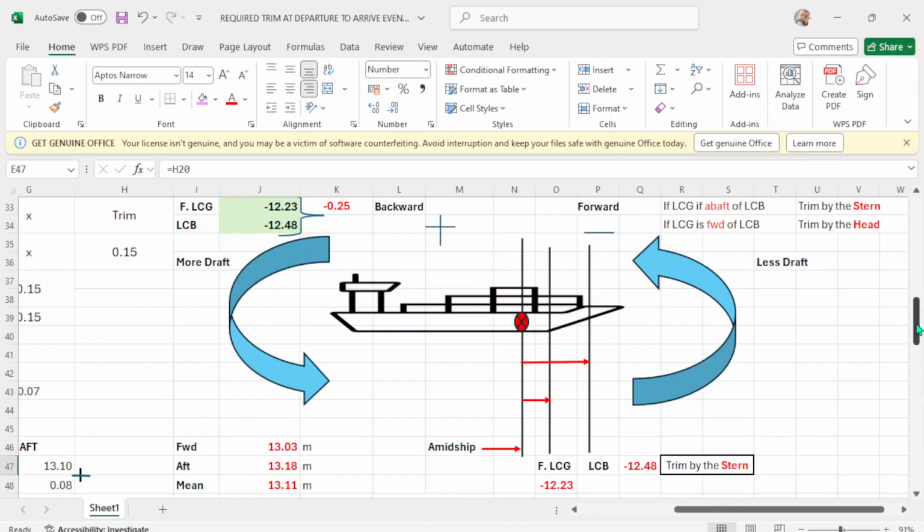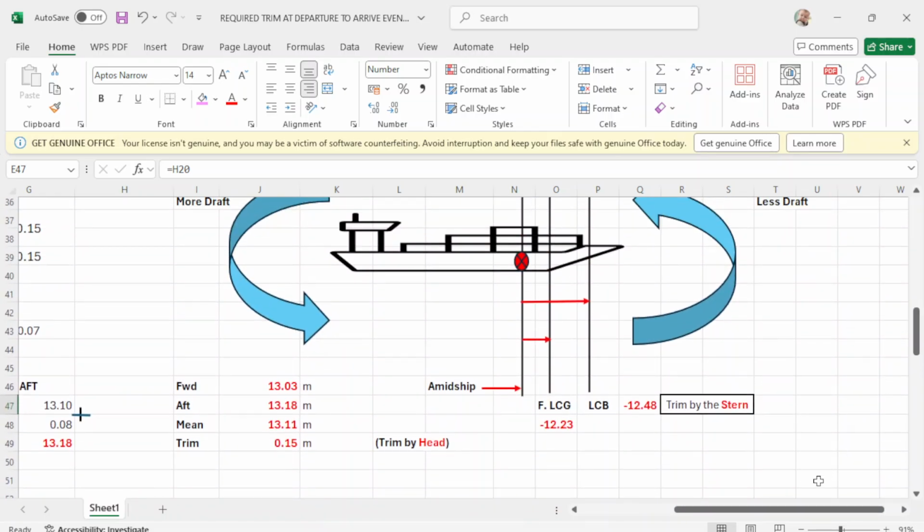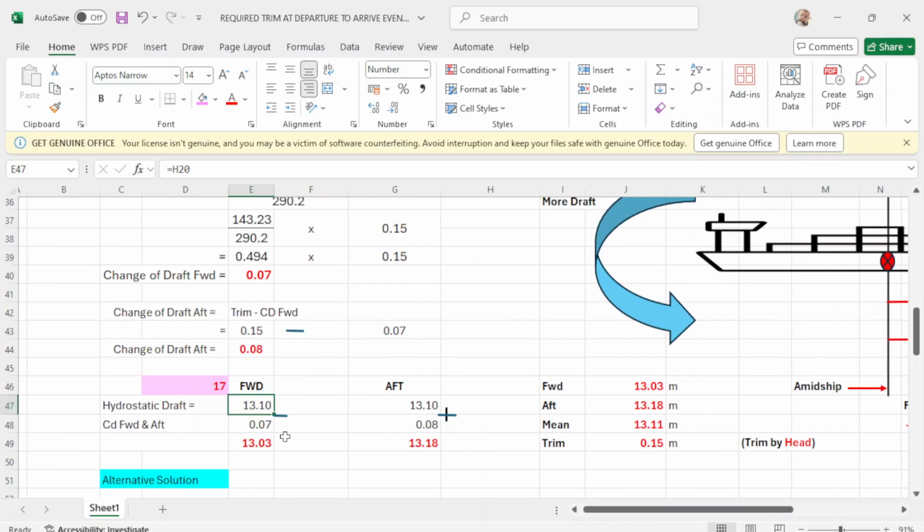That is your forward draft. And for the aft drop, you add the trim correction of 0.08. So deduct this one, that will be 13.03. You add this one, that will be 13.18. Your forward drop will be 13.03, aft drop is 13.18.